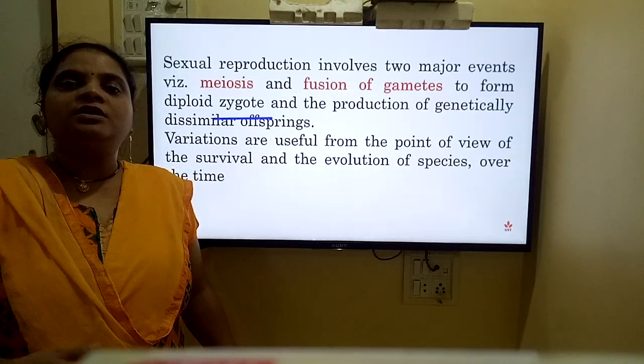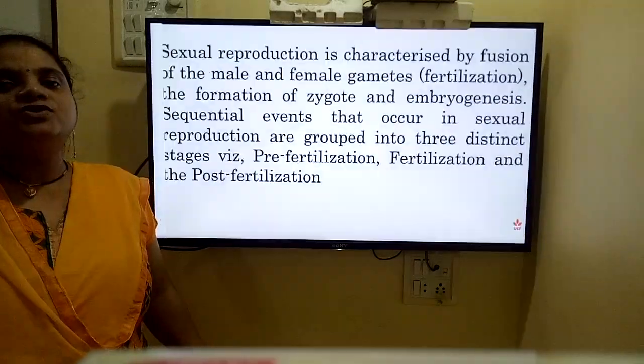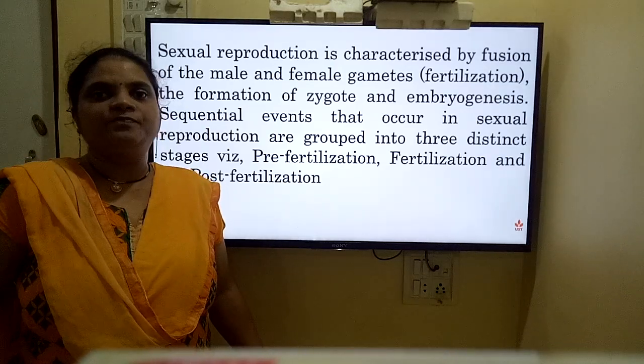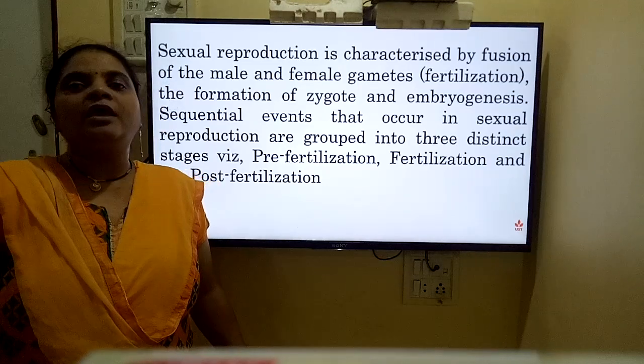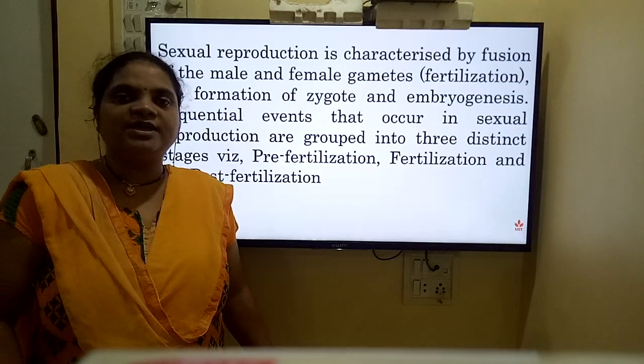Now this takes place over time. Sexual reproduction is characterized by the fusion of gametes to form the zygote and then embryogenesis. These are the steps we observe in sexual reproduction.